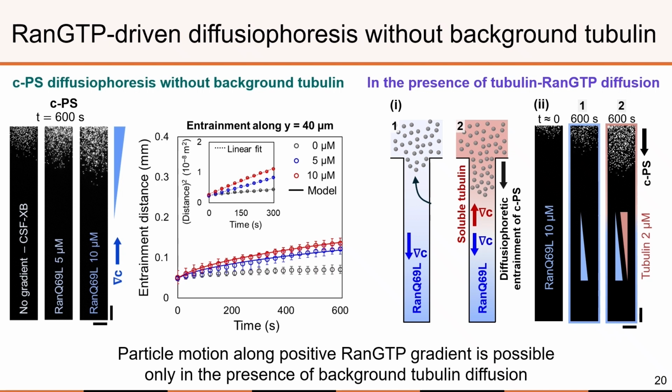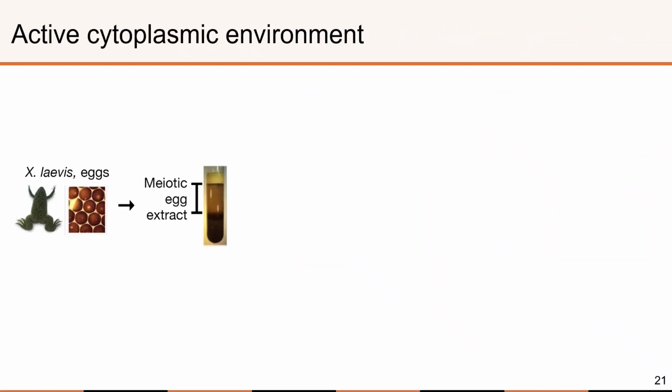In the published work, we also included the model predictions for the RanGTP-driven diffusiophoresis of microtubules, and we concluded that microtubules can undergo diffusiophoresis along various relevant solutes of spindle assembly. Finally, we reproduced the diffusiophoresis of negatively charged particles in an active cytoplasmic environment using the Xenopus laevis egg extract.